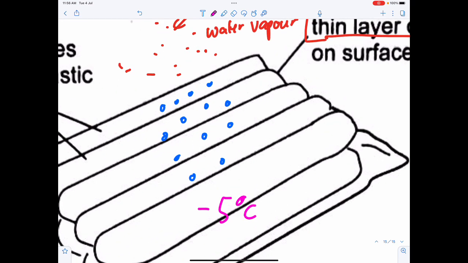So therefore, the tiny water droplets that were just formed from condensation would have lost heat further to your sausage and freeze to become your white solid. I'm using pink, but it's actually white, because if I use white, you all cannot see anything already. Okay, white solid that you see. And that was actually what happened.